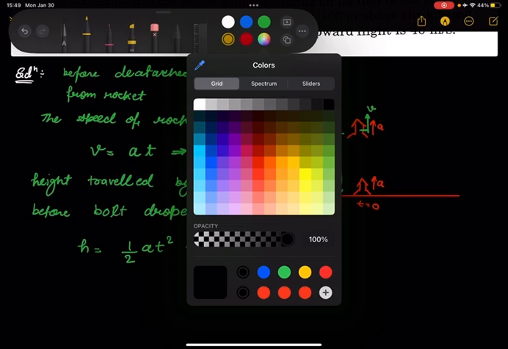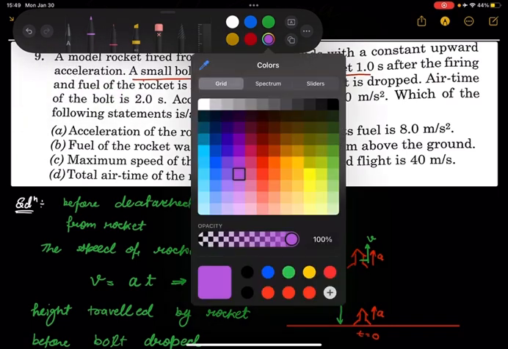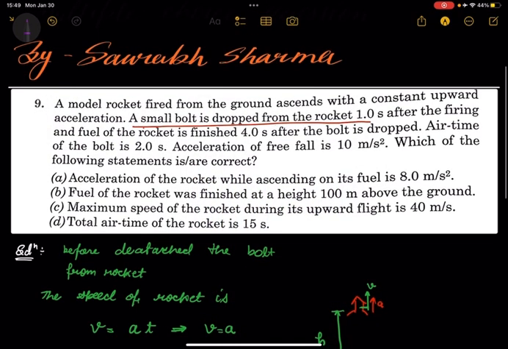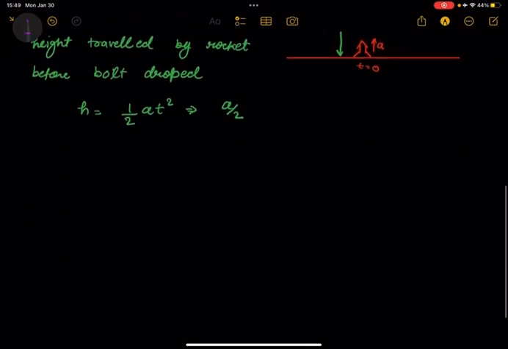Now this question is saying that the fuel of the rocket is finished 4 seconds after the bolt, and the air time of the bolt is 2 seconds. So air time means the journey of the bolt: this bolt is moving with velocity v equal to a from the height h equal to a by 2, and it comes down like this.